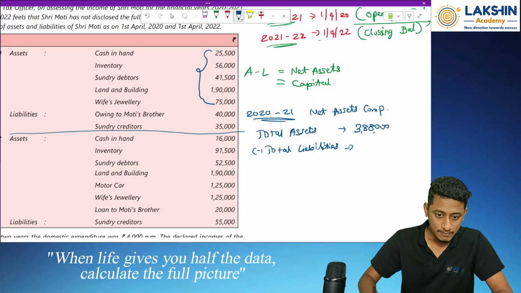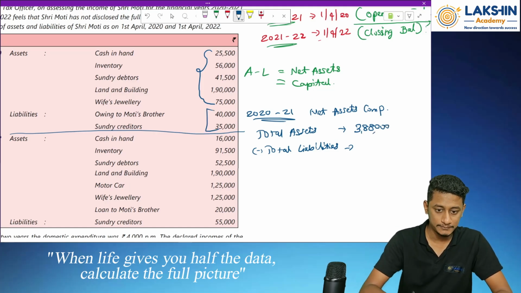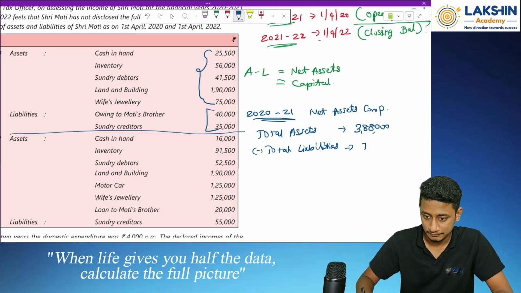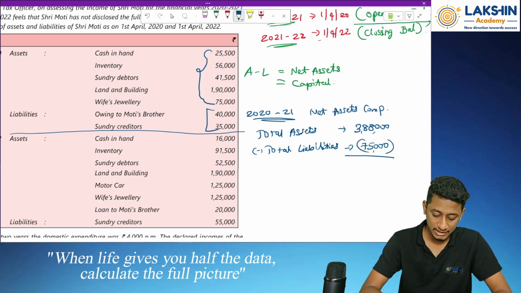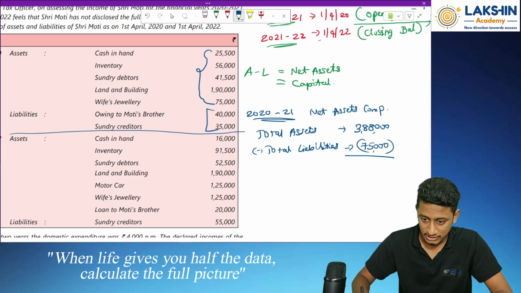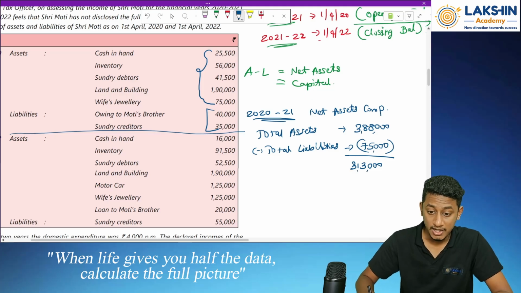Then total liabilities, that is these two values, 40 plus 35, is 75,000. So if I deduct this from 3,88,000, that is minus 75,000, it would be 3,13,000. What is this? This is my capital.